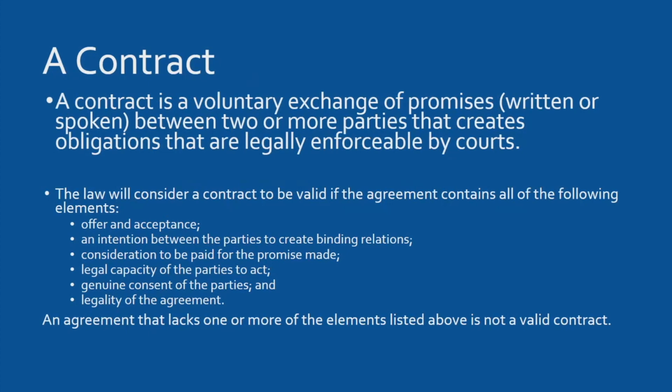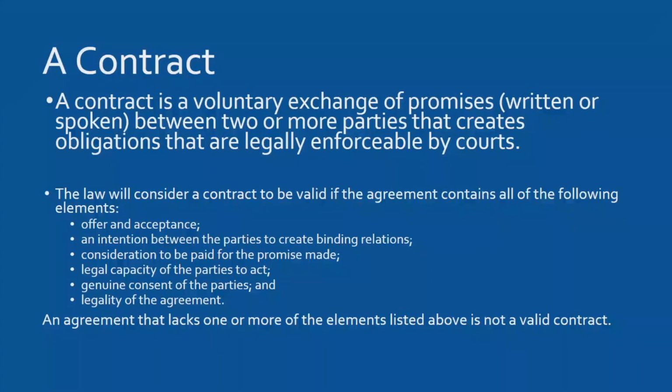The law will consider a contract to be valid if the agreement contains all of the following elements. As I mentioned, we've got the three kingpins. You have to have an offer, you have to have an acceptance of the offer, and you have to have consideration, which is an intention to actually do something, and both parties will benefit from that doing.